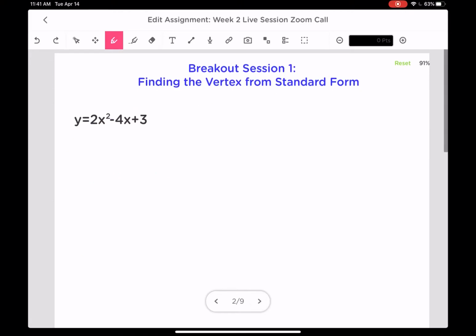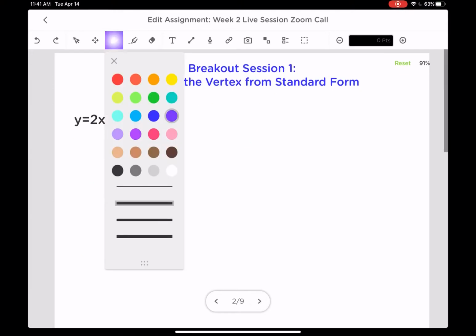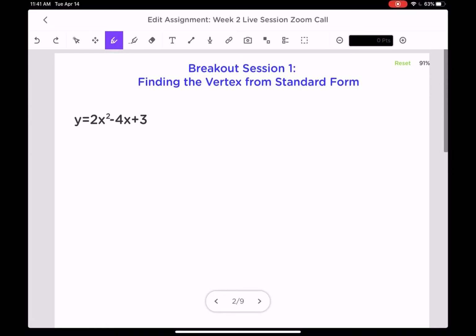Now the same is going to apply for this equation, even though a is not 1 here. Again, start by identifying a, b, and c. A is equal to positive 2, b in this example is negative 4, and c is equal to positive 3. To find the x value of this vertex, it's going to be negative b divided by 2a.